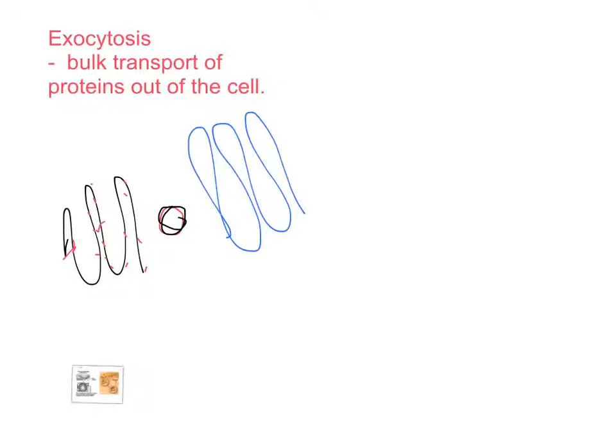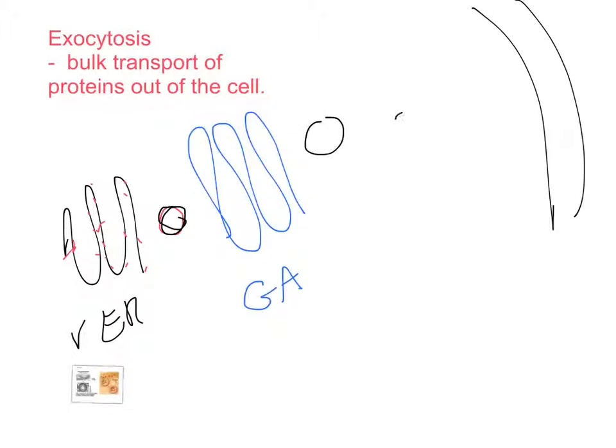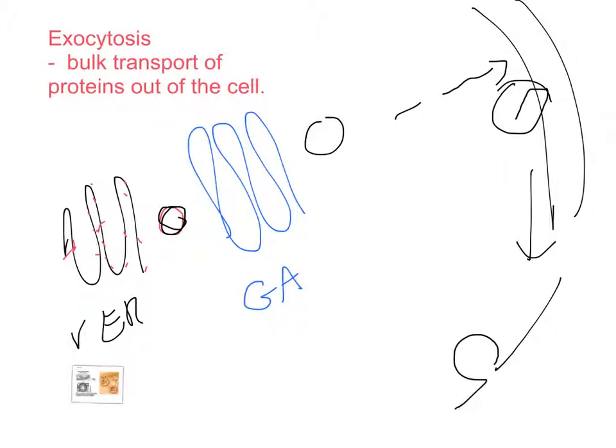Okay, so we go from rough ER to the Golgi apparatus, right? And finally we're going to reach the plasma membrane, where fusion is going to occur between the vesicle and the plasma membrane, and whatever's inside will be released out of the cell.